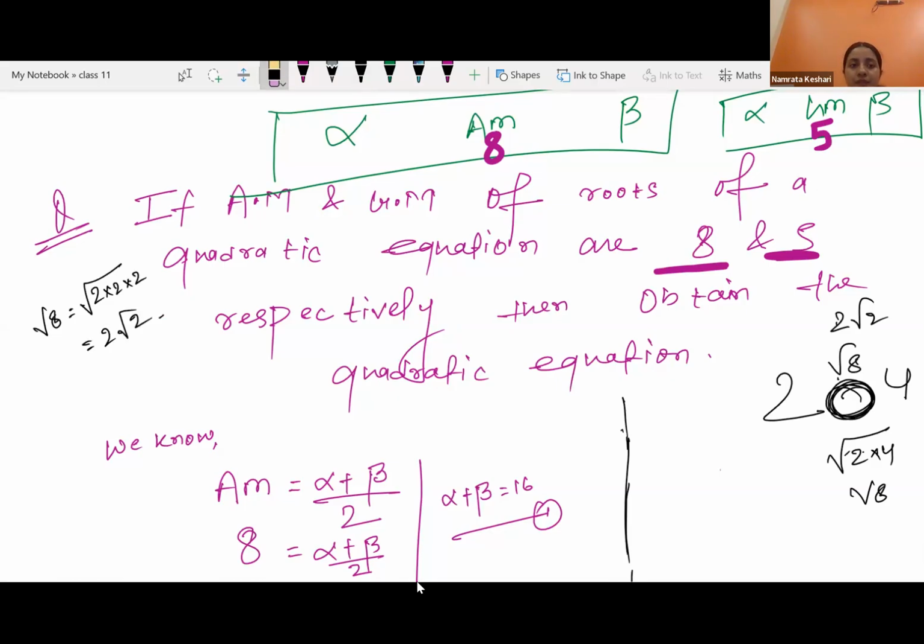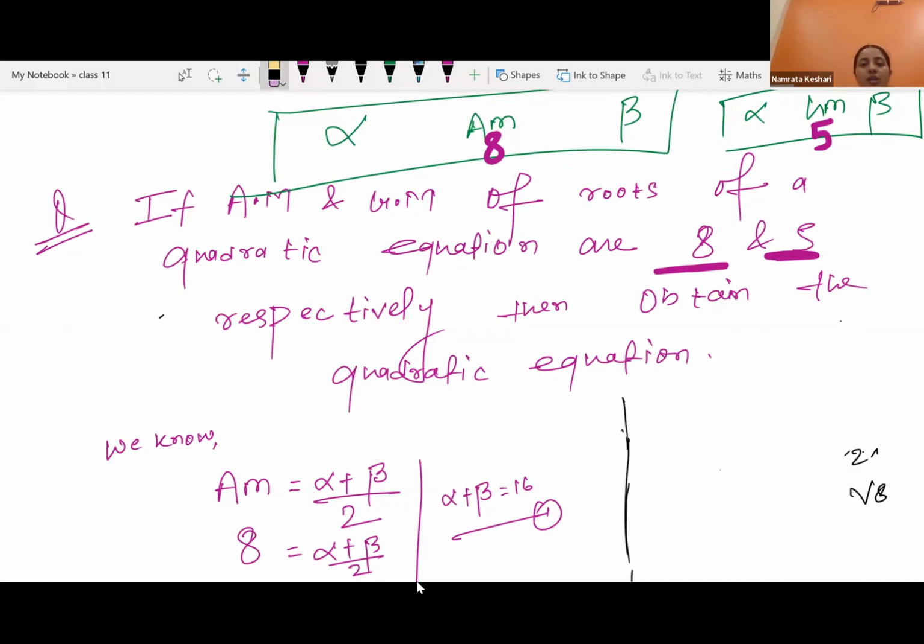Okay, so you can see these 2, 2 root 2 and 4, these all three are in GP. So with the same two numbers we can create AP, we can create GP. There are formulas. We are going to use the same logic, that alpha and beta is there and the geometric mean is 5.